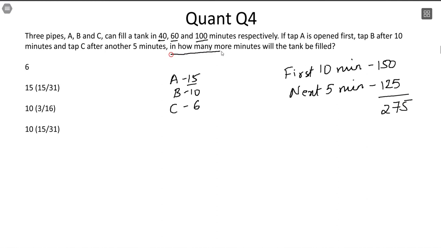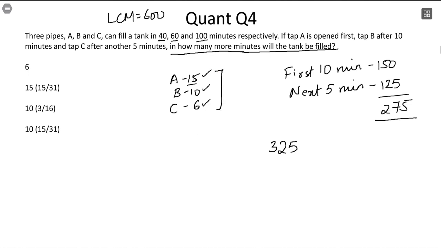Finally the question is, in how many more minutes will the tank be filled? See, we had taken our LCM as 600, which led us to these respective efficiencies. If the tank already has 275, the space that is left in tank is 325, and this will now be filled up by all the three pipes, 15 plus 10 plus 6 at the rate of 31.